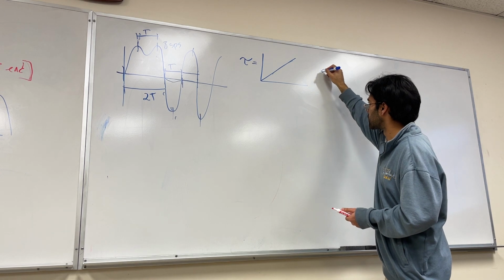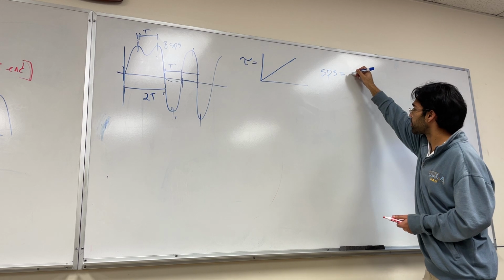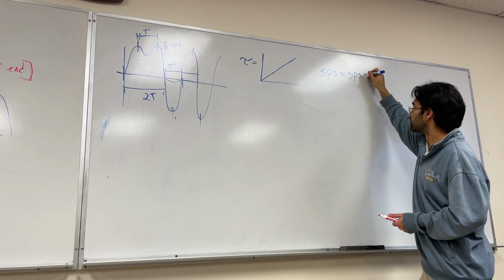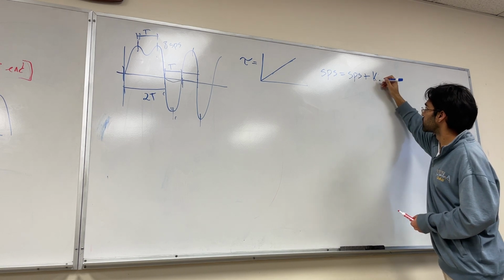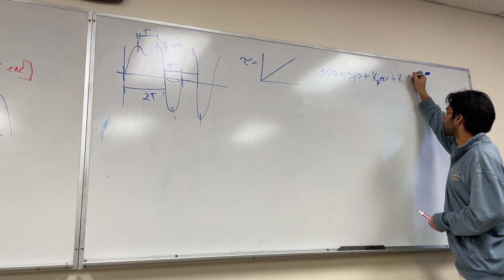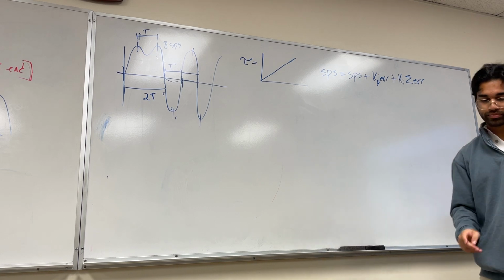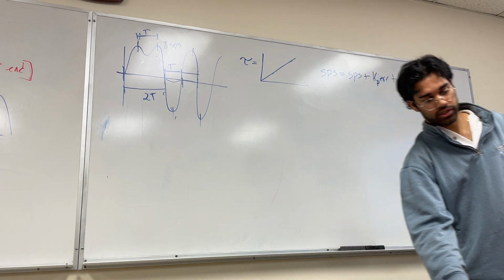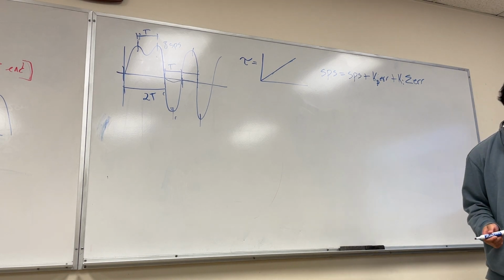We could say that our samples per symbol equals our old samples per symbol, plus k, a proportional component times our error, plus an integral component, right? And this is something that we implemented, right? And this control structure should work quite well for figuring out the correct symbol.